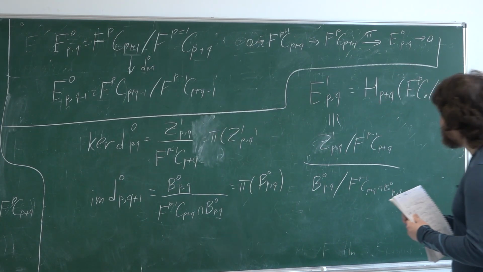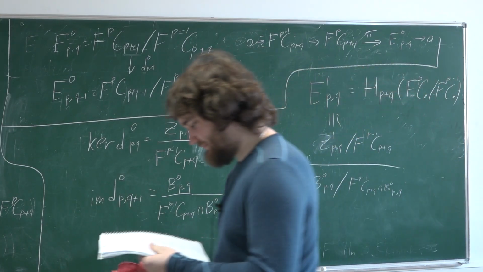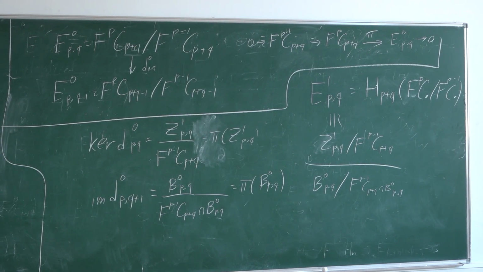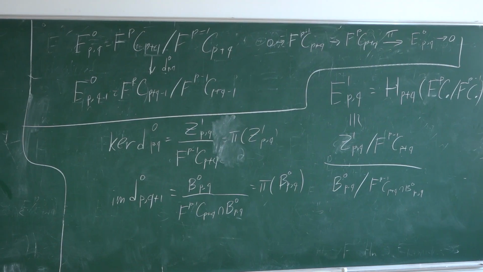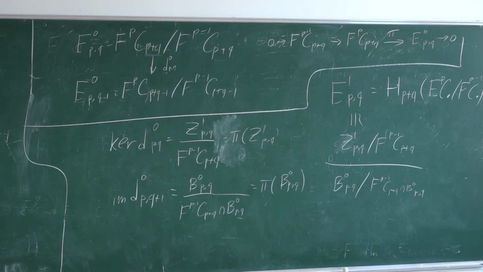Now let's consider what this is. There are some general facts about quotients of modules, there will be 5 facts about these quotients. They are very easy exercises, maybe obvious.